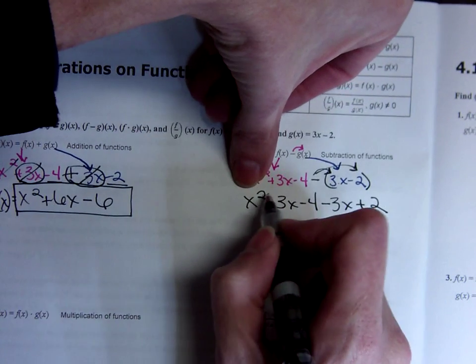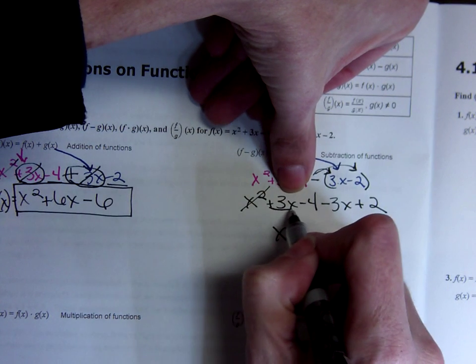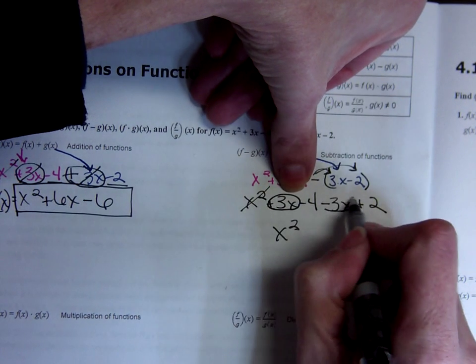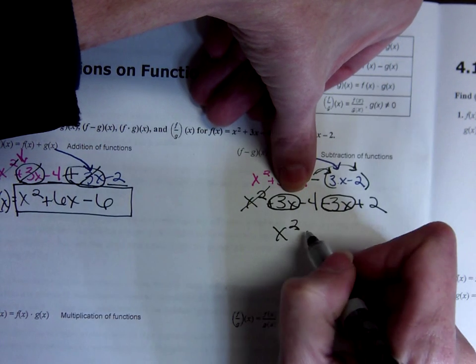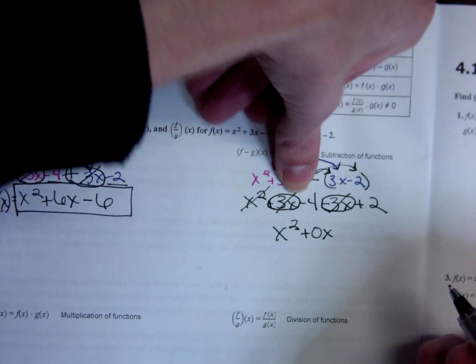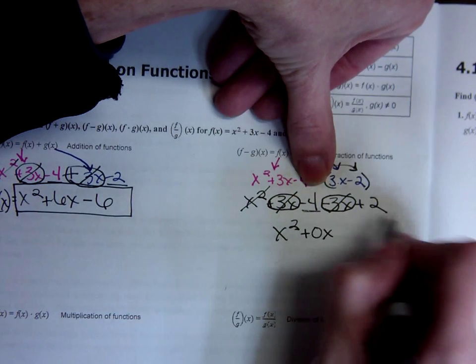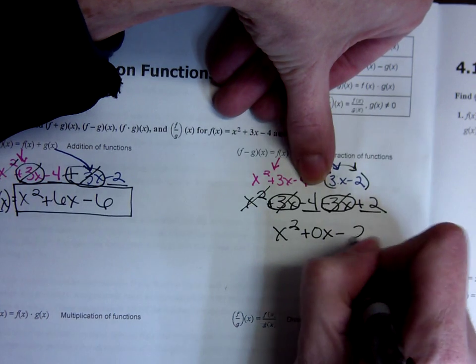So again, there's only one x squared. Now we're looking at positive 3x and a negative 3x. Those cancel out. I'm going to write down 0x here just so you remember where it comes from, but we're not going to write that down at the end. And then negative 4 plus 2 is negative 2.